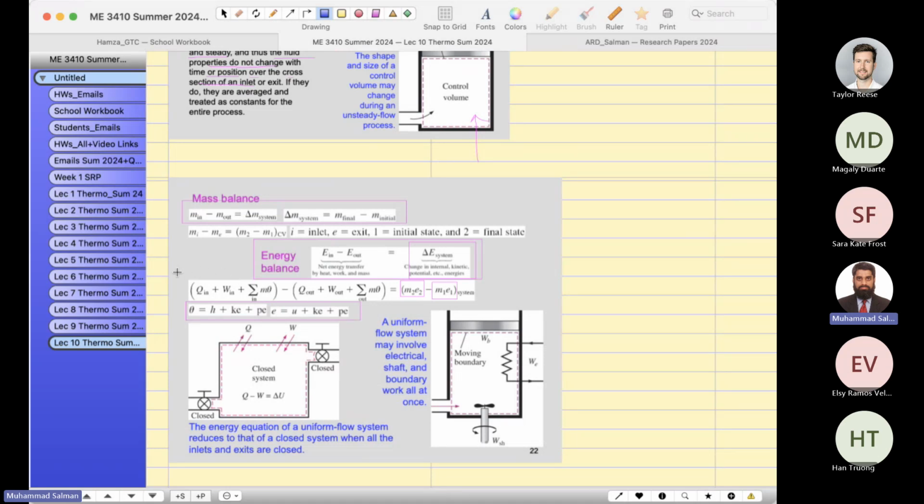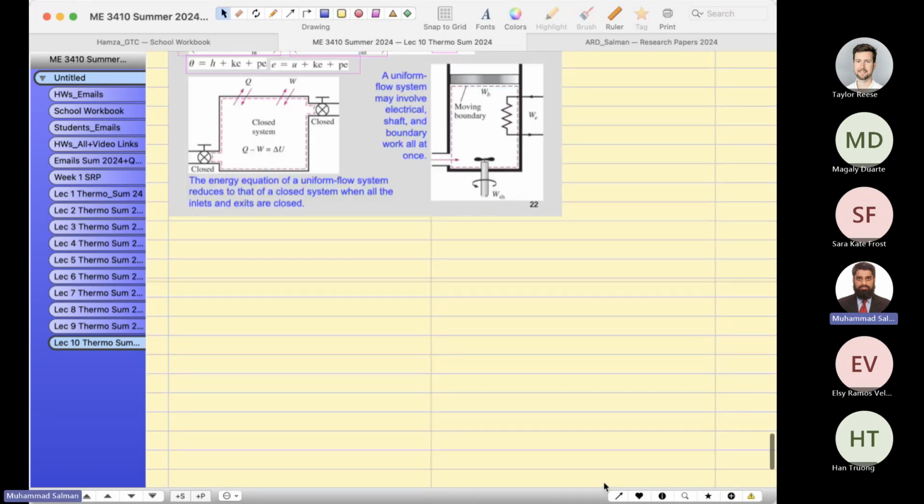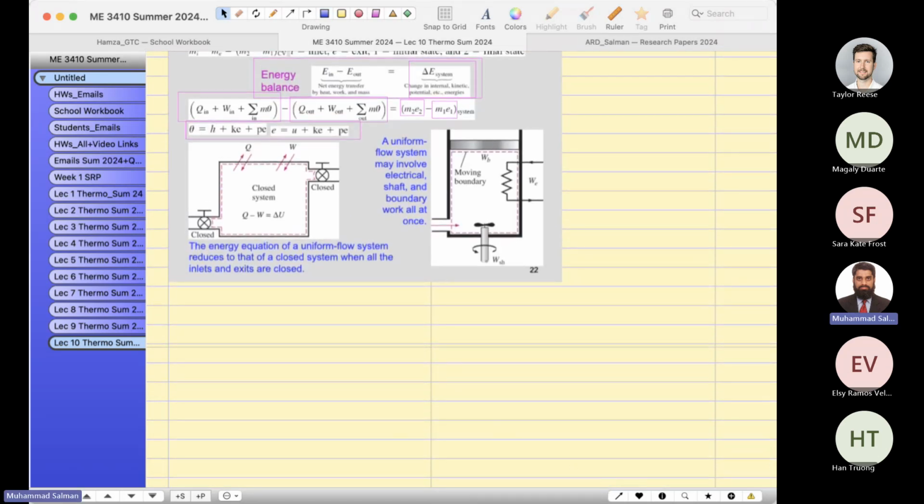So that's why everything going in is in one bracket, minus everything coming out is in another bracket, gives you the change of the energy of the whole system. See my point, guys? So this is how we apply the first law of thermodynamics on the unsteady flow process.